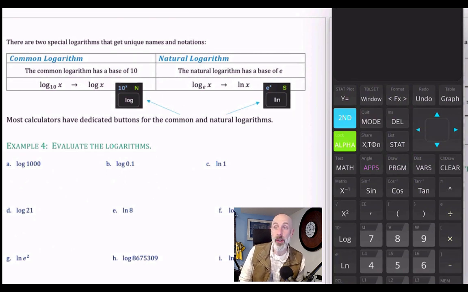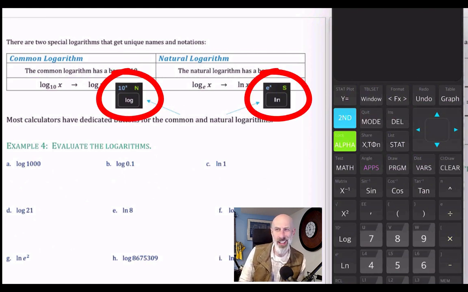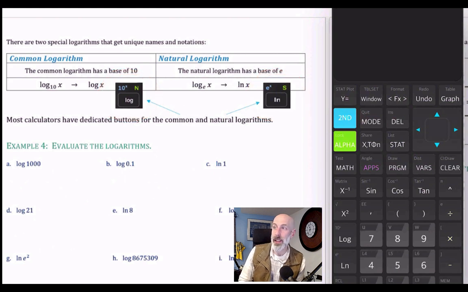So in your notes, of course, you have pictures of what they would look like. I think that's from a TI-84. I have this calculator app on my tablet here that mostly models it. So you can find out where they are by looking over here. And if you need help locating them on your calculator, obviously ask about them.